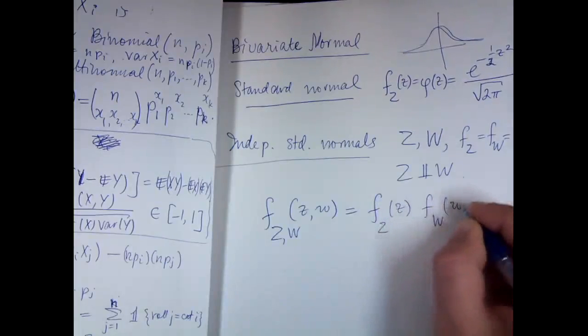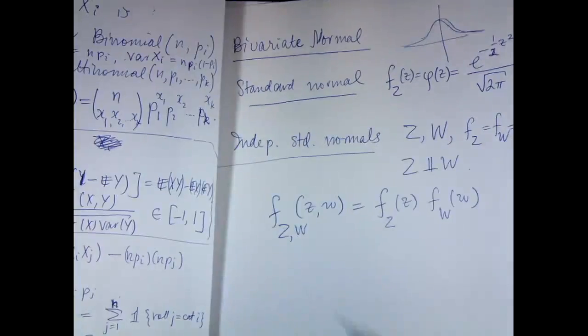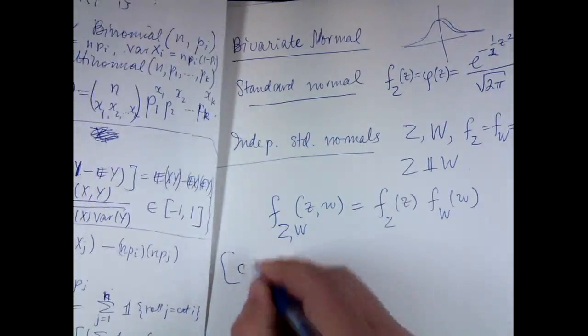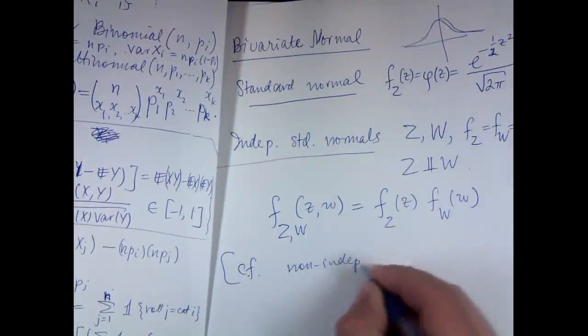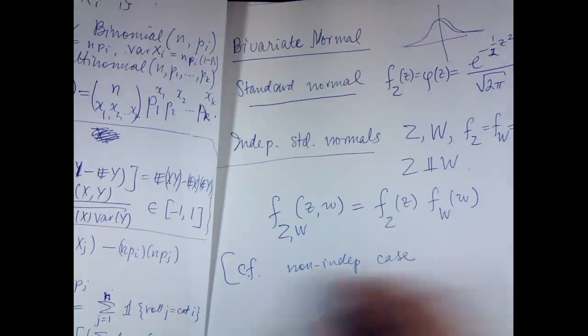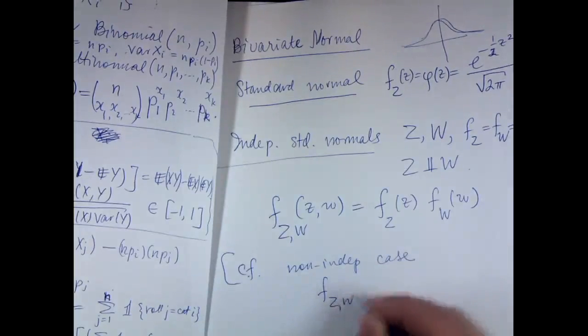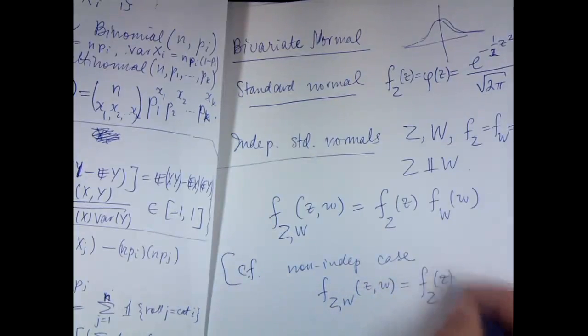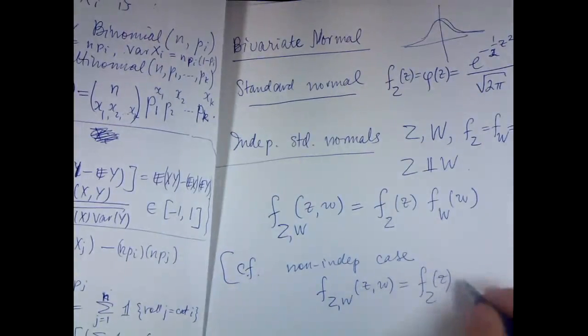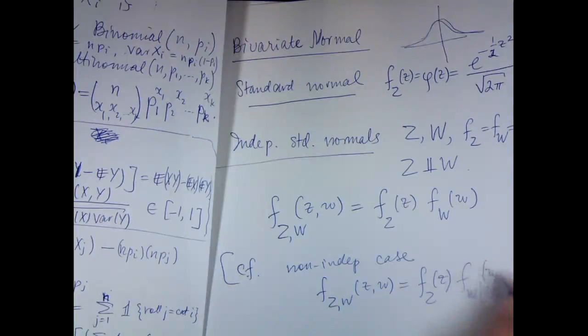By the way, this is an aside, but compare the non-independent case. For any variables Z and W, you can still start by writing f_Z(z), and then you just recall the conditional density, f_W given Z of w given z.